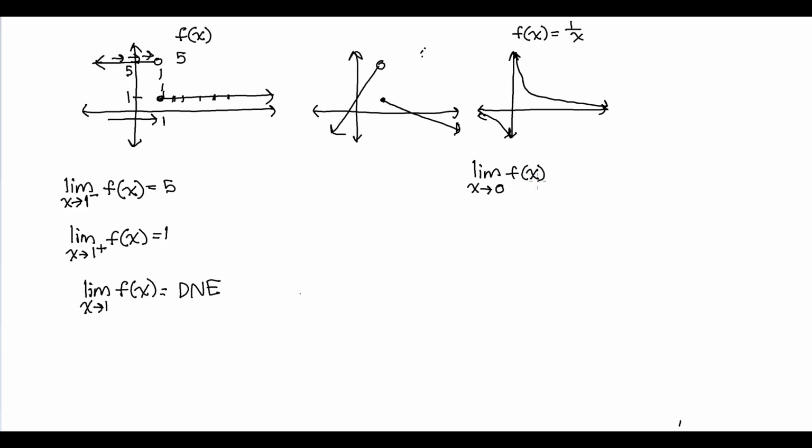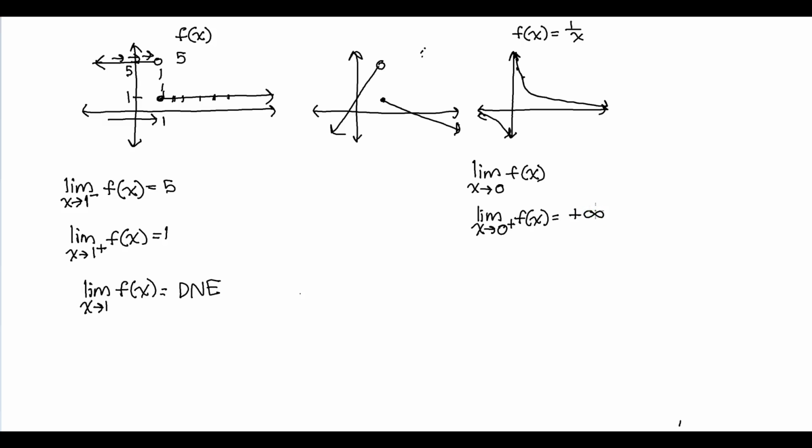First, you can see from the graph itself that as x approaches 0 from the right, it starts to increase without bound. It goes toward positive infinity. So it does not actually approach a real number, but just keeps on increasing without bound.